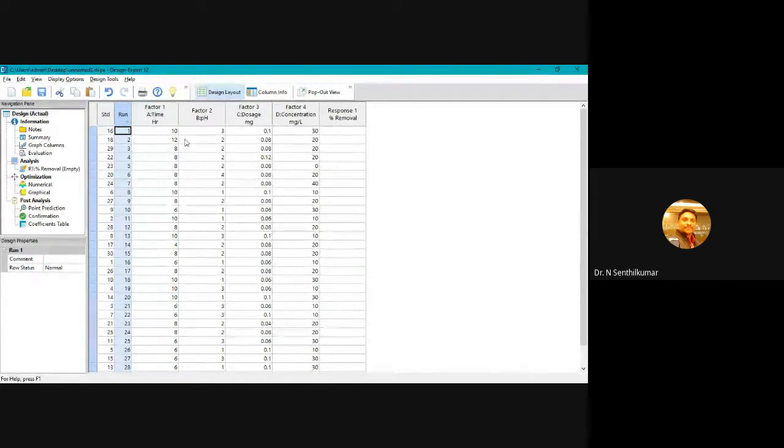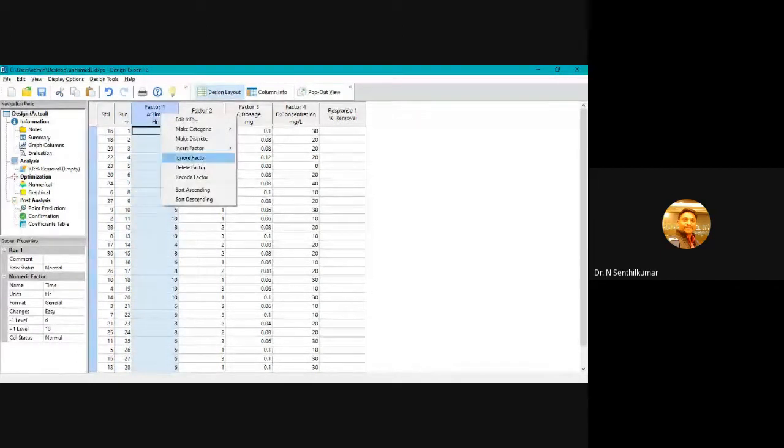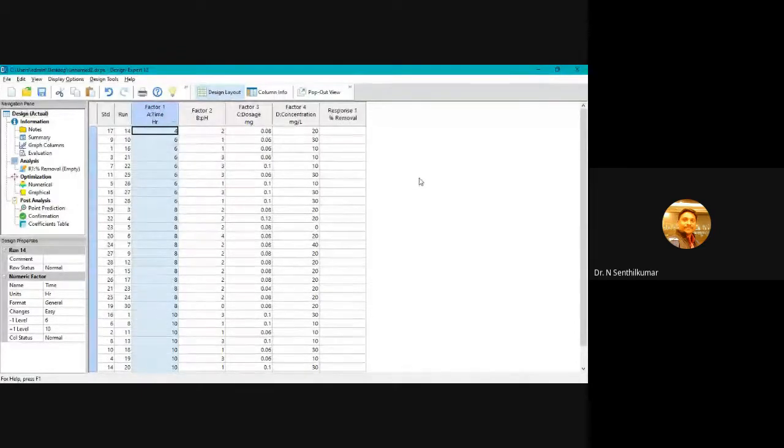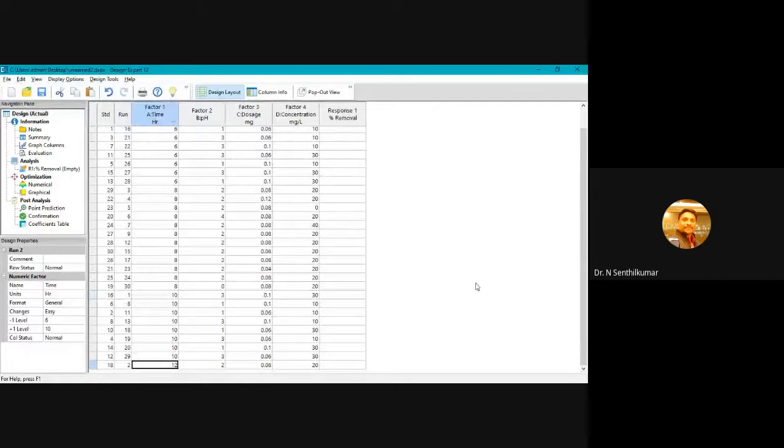Now you can see, I am going to make this ascending for your purpose. I have entered 6 to 10. Madam, kindly listen. I have taken 6 to 10. Now you can see 4 is there, 6 is there, 8 is there, 10 is there, 12 is there. So totally 5 level values it has taken.